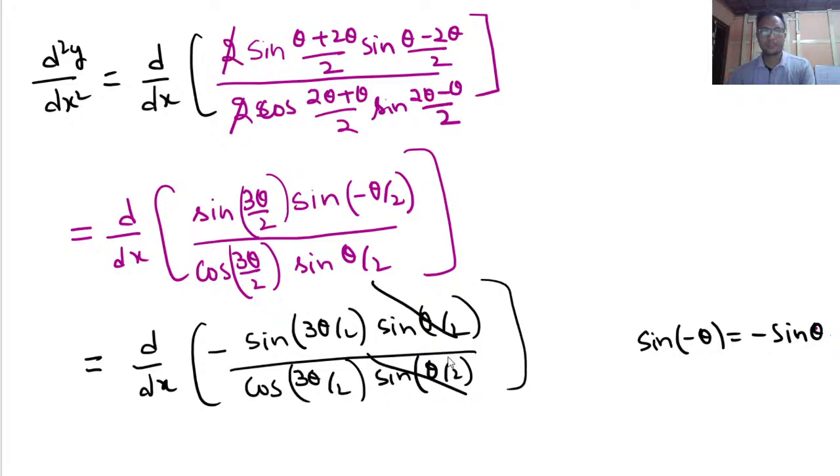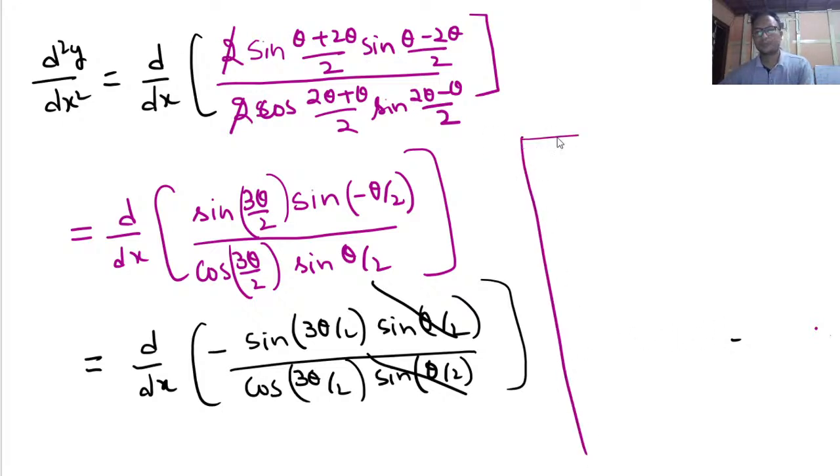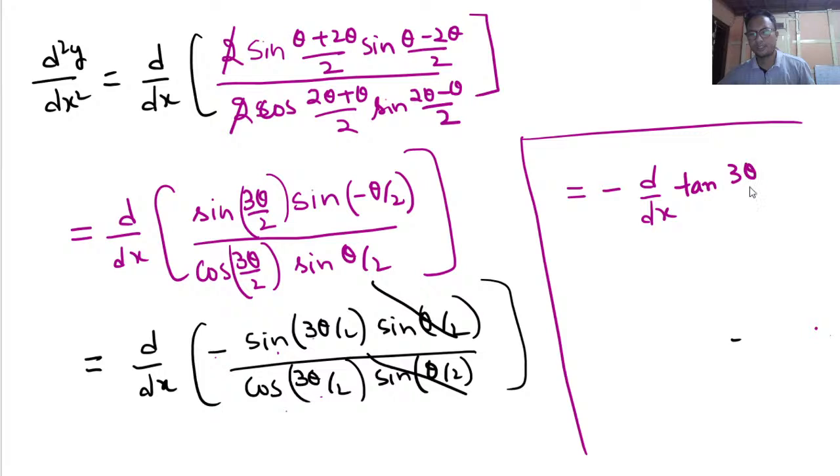This one and this one will be cancelled out. So what is left is equal to minus sine 3 theta by 2 over cos 3 theta by 2, meaning sine by cos, that is tan of 3 theta by 2. So all we have to do is differentiate tan 3 theta by 2.